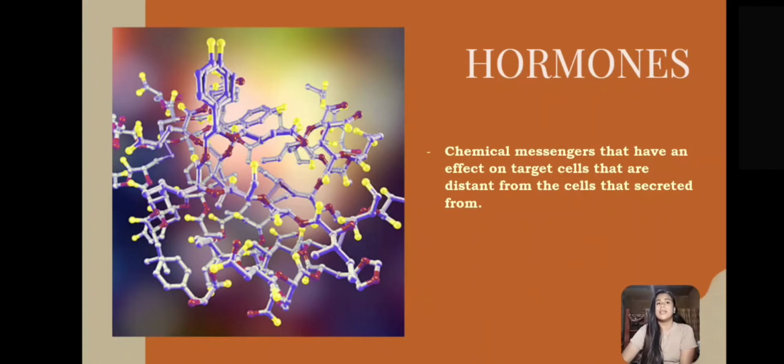Hormones are chemical messengers that have an effect on target cells that are distant from the cells that they are secreted from. So our hormones are the chemical messengers of our internal environment. Our hormones are released into our bloodstream paingon sa target cells.